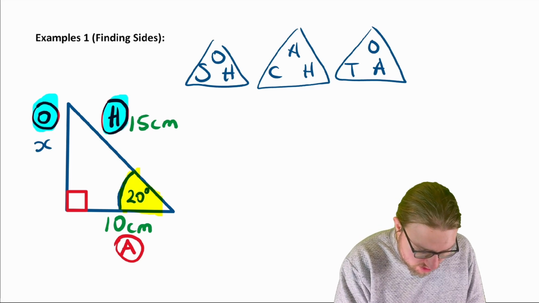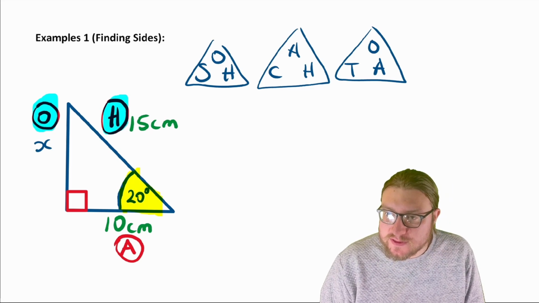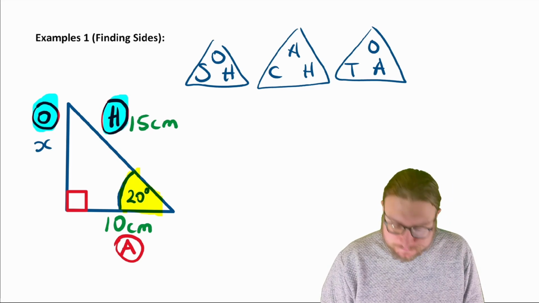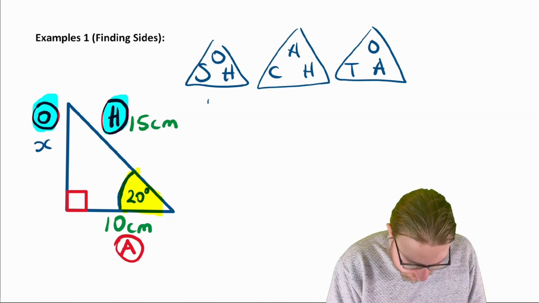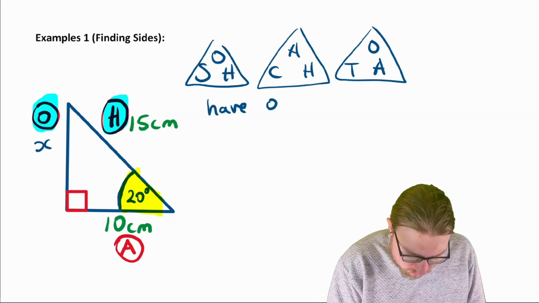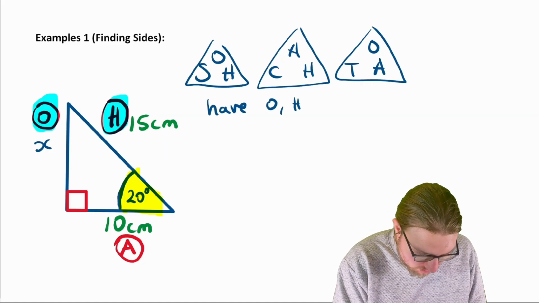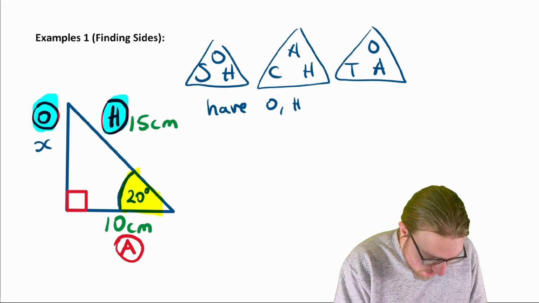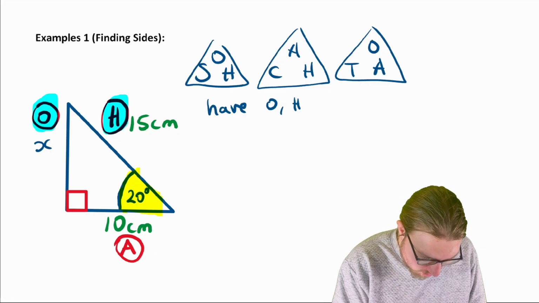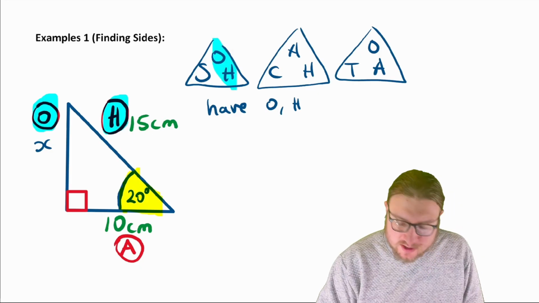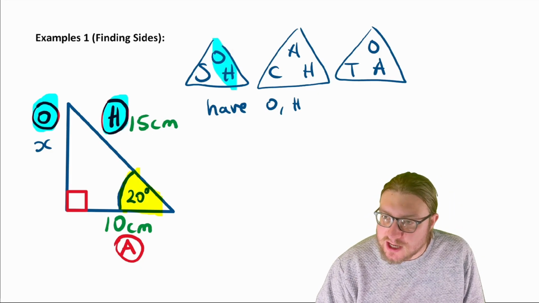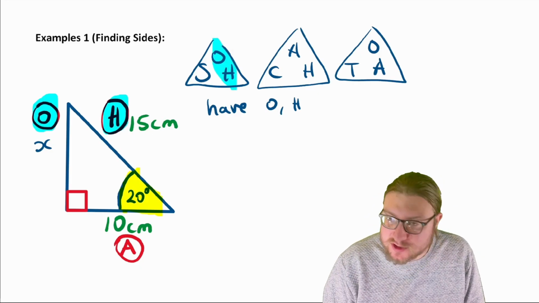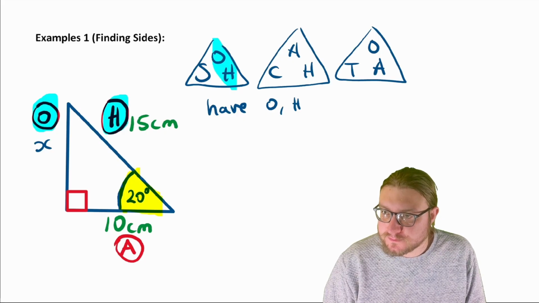If we wanted to use the hypotenuse, then we have O and H. We want to find the solution here, and we have an O and an H in this triangle over here. So that means we can use sine here, the SOH triangle.